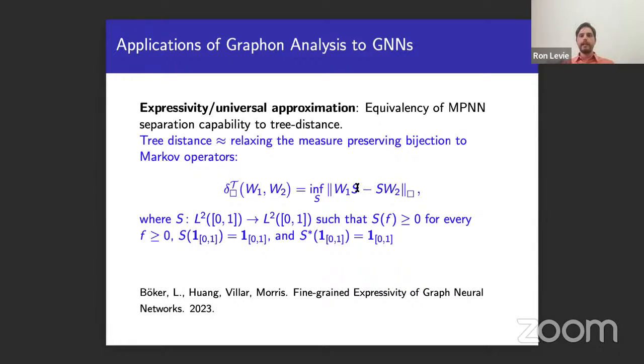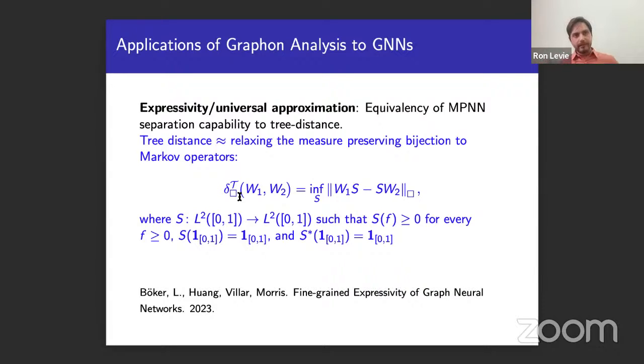So now we relax the notion of alignment from a hard alignment to a soft alignment. We replace the permutation with a Markov operator. You can think about it as taking the nodes and splitting them into different small parts and then mixing everything together and then doing the alignment like that. If you define a distance using Markov operators, this is called tree distance.